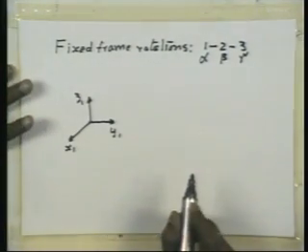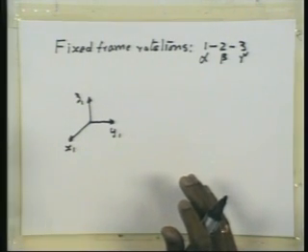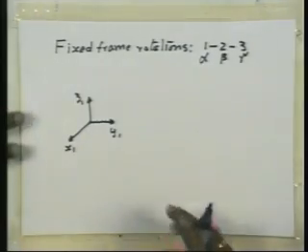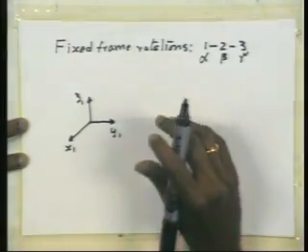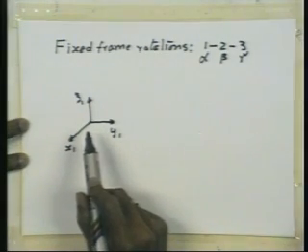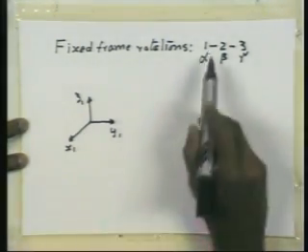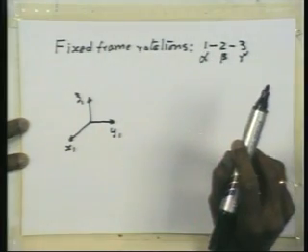I'll be doing the rotations and sketching it in a slightly different way than I did yesterday, so that it becomes a little more clear. Fine. So we assume that the body reference frame is coincident with the global reference frame to start with, and we rotate about the x-axis by angle alpha first, right?